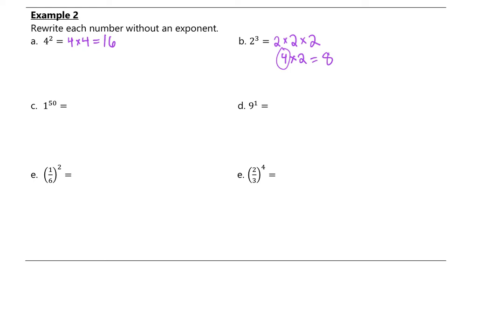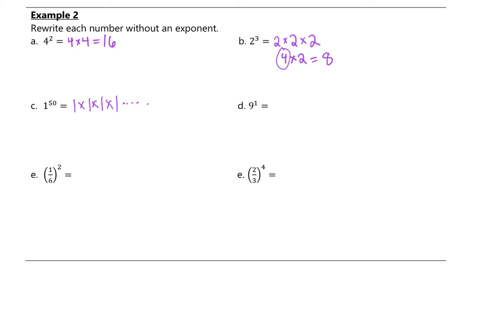Now, what do you think about this next one on C? 1 to the 50th power. So that'd be 1, 2, 3. I'm not actually going to do it. And then it would go on until we have 50 of them. Obviously, I wouldn't ask you this if it was 7 to the 50th power, because I'm not even sure your calculator would know how to do that because it's such a big number.